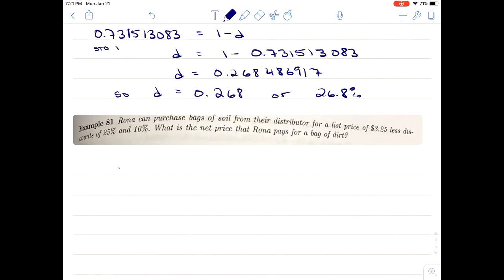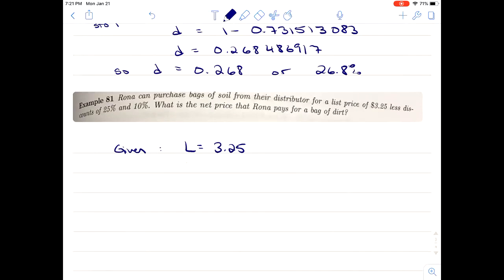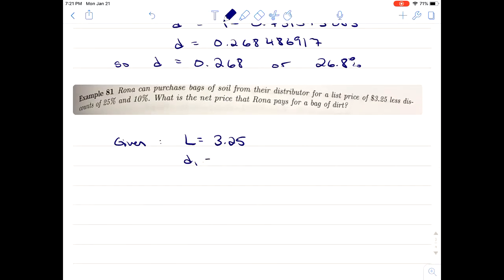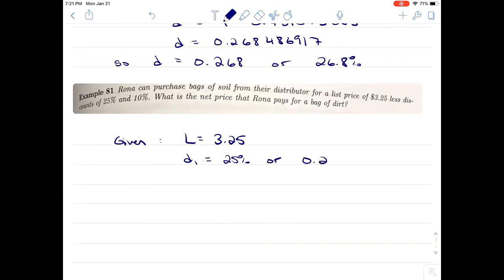So again, I'm just going to list what I've been given here. The list price is $3.25. Now I've got 2 discounts, so D subscript 1 is 25% or 0.25, that's the value I'll be working with.